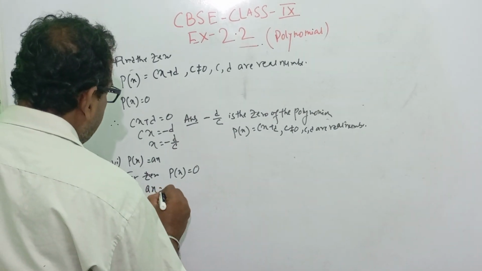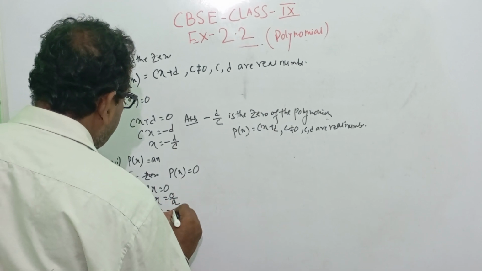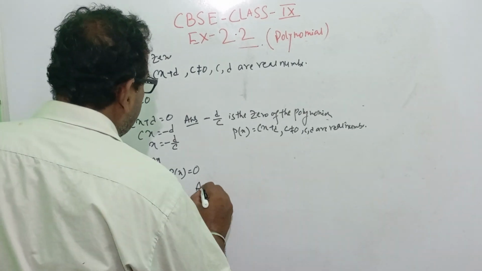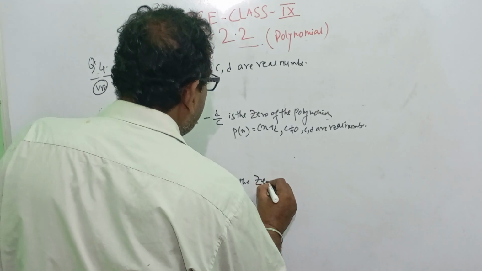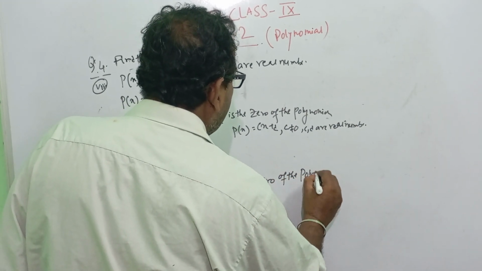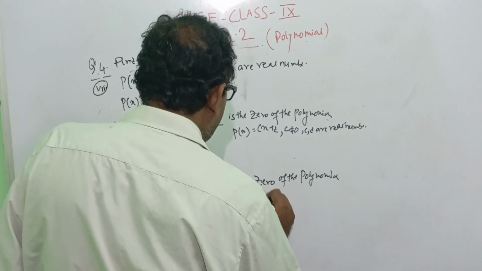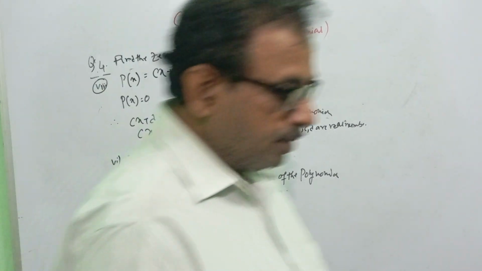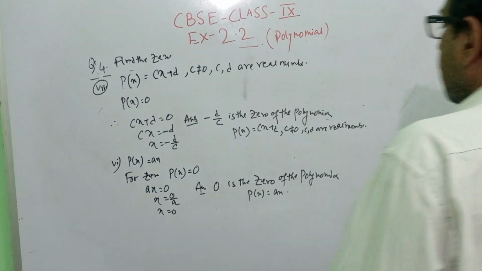That is ax is equal to 0. x is equal to 0 by a. Then x is equal to 0. Then the answer is 0 is the zero of the polynomial p(x) is equal to ax. So this way we can do the rest one.